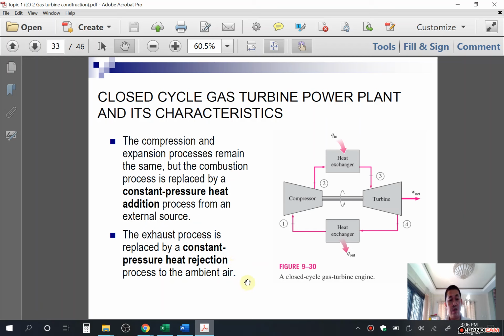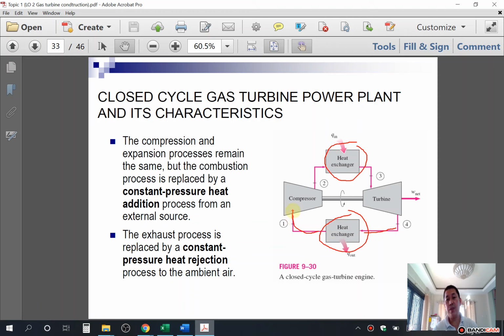Now here, in the open cycle, you cannot see the heat exchanger. Now, in the closed cycle, the exhaust will enter the heat exchanger here, and then it will be sucked again into the compressor.